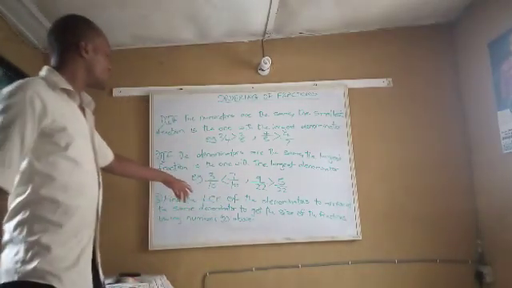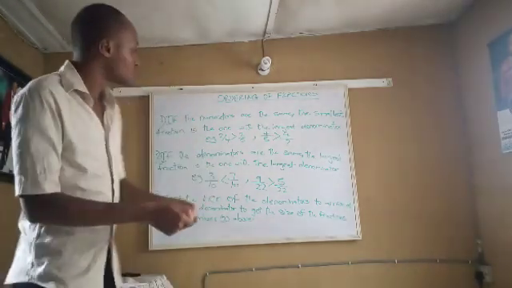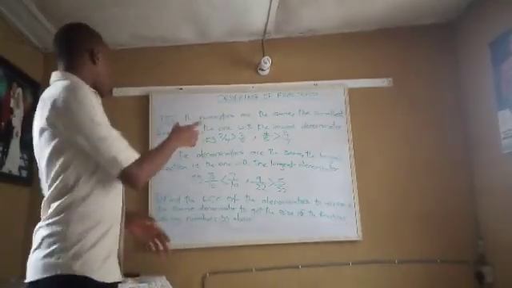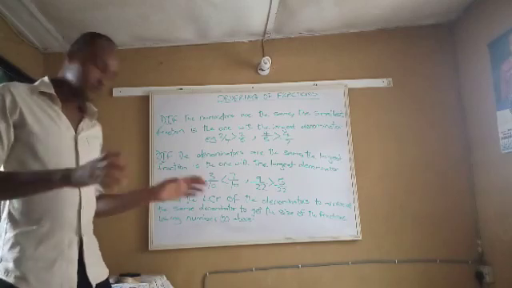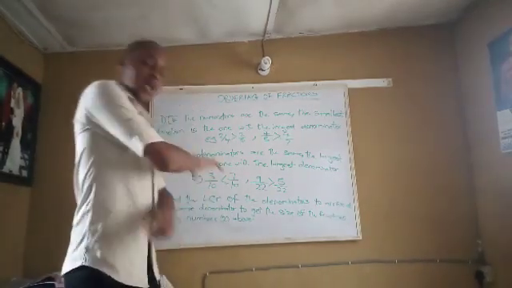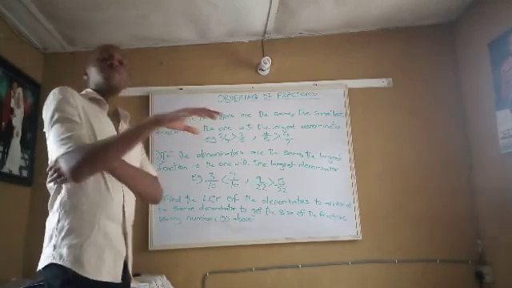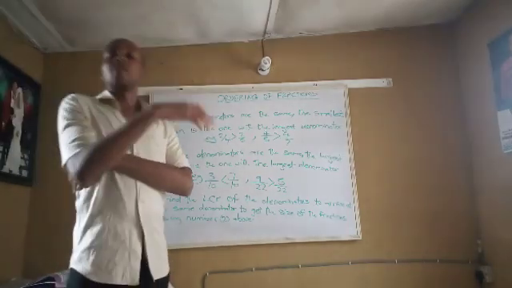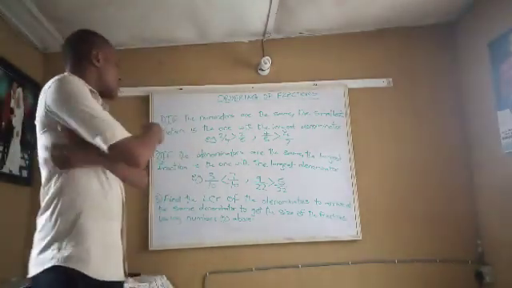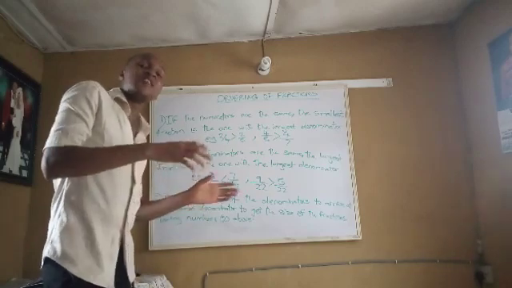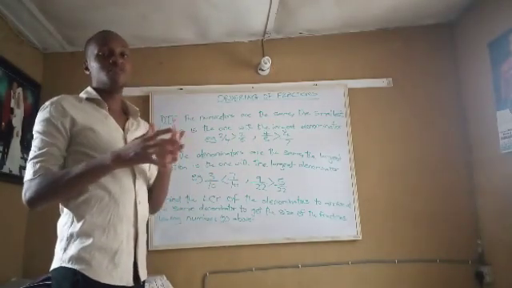Another way is the use of LCM, that is, finding the lowest common multiple. Find the LCM of the denominators to arrive at the same denominator, to get the size of the fractions using number 2 above. How this method works is this. You have a list of fractions. It can be 2, 3, or 10, as many as are given. Then you find the LCM of their denominators to arrive at one common denominator.